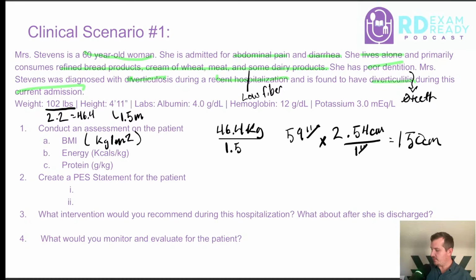So in this case, 46.4 kilograms divided by 1.5 meters squared puts her BMI at, I got 20.6. You could have gotten something just a little bit different, but I got 20.6 there.